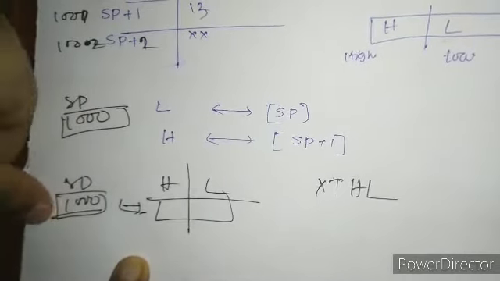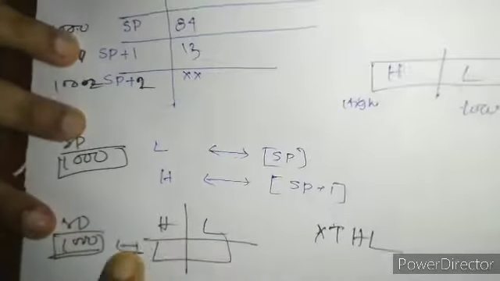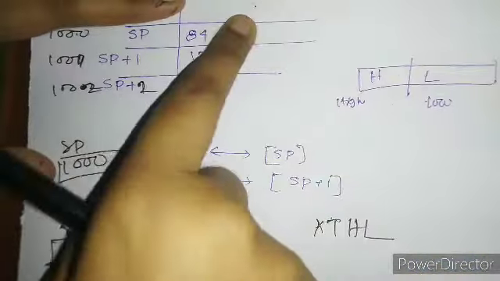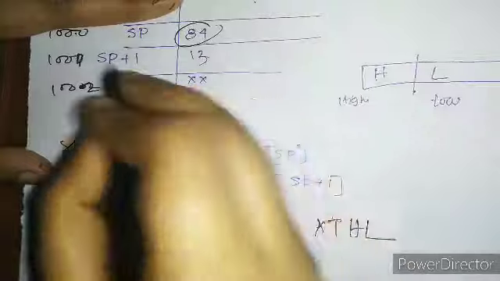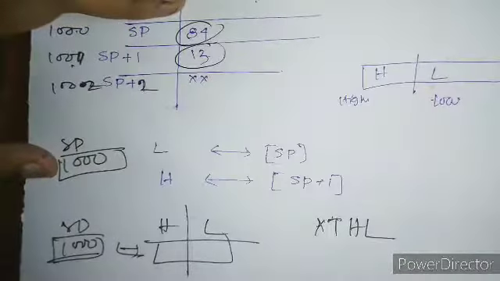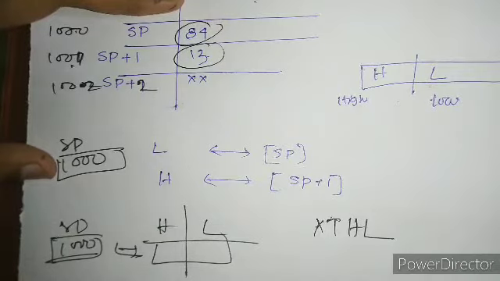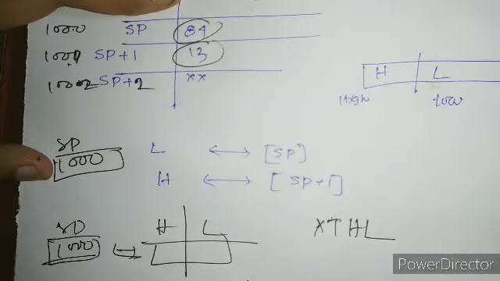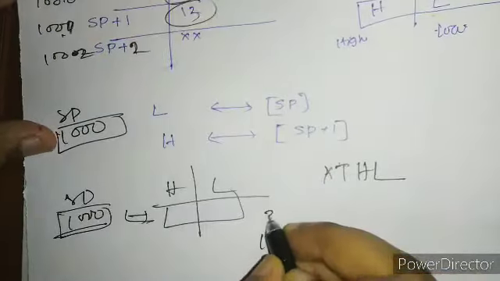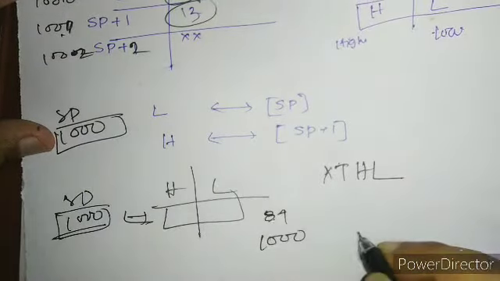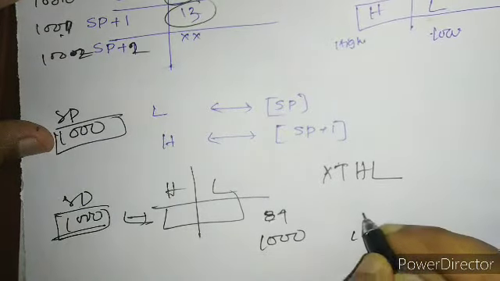SP holds an address. Go to the address, that is 10000, which is here. There is data. On 10001, there is another data. What is your task? 10000 has 84. 10001 has 13.